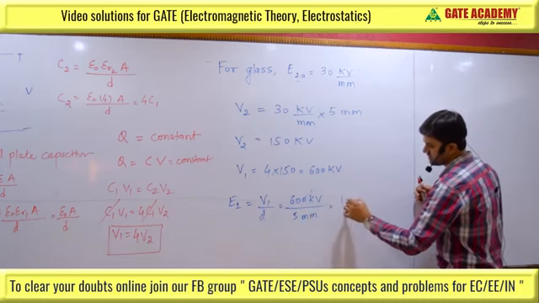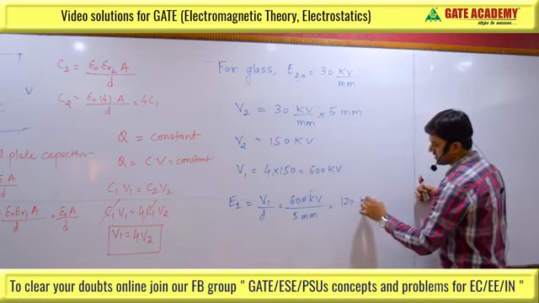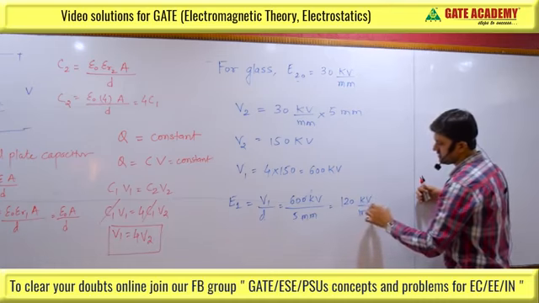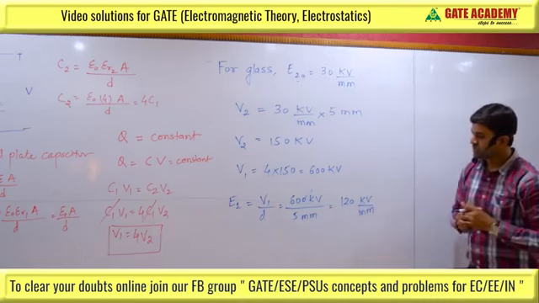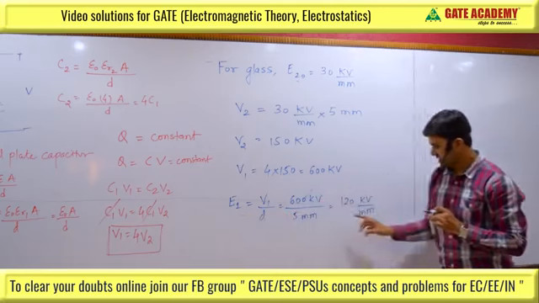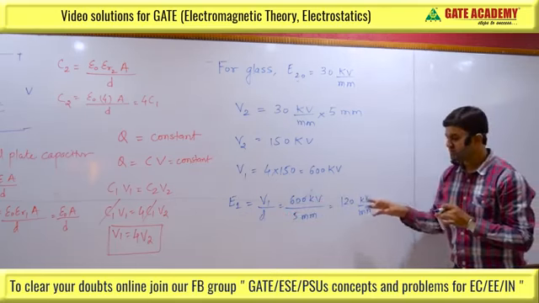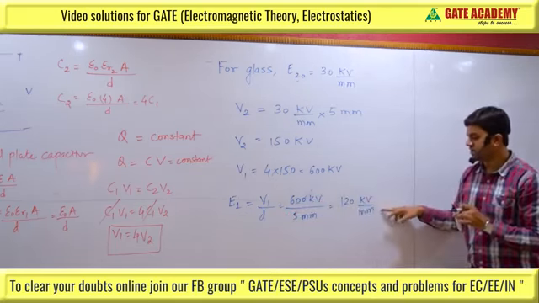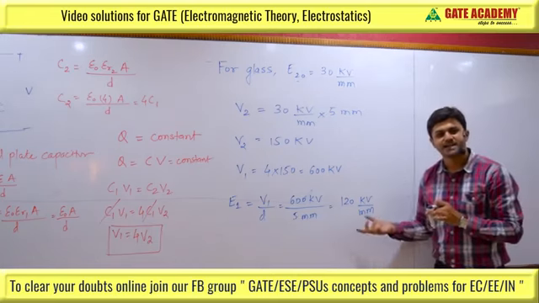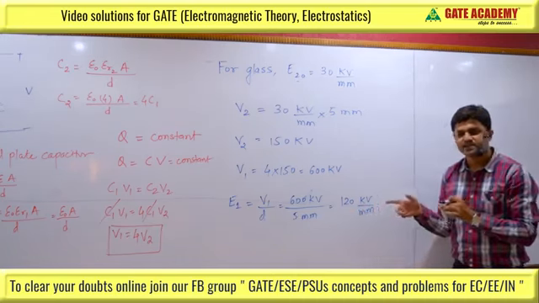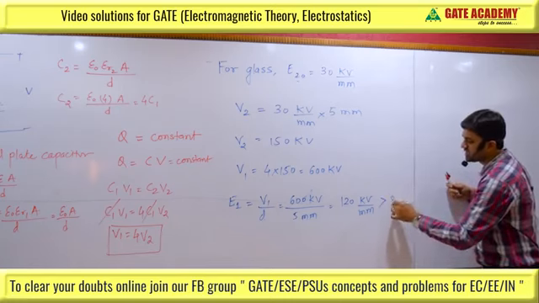This is 120 kilovolt per mm. So, electric field applied across the air is 120 kilovolt per mm, but the dielectric strength of air is 3 kilovolt per mm.